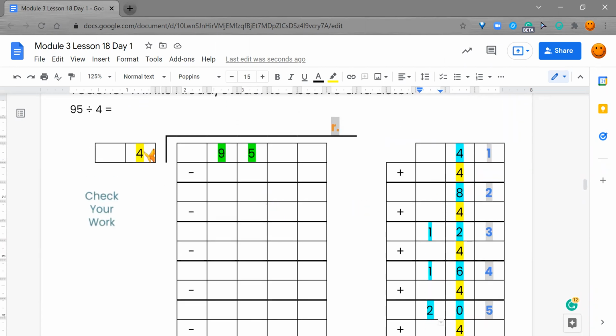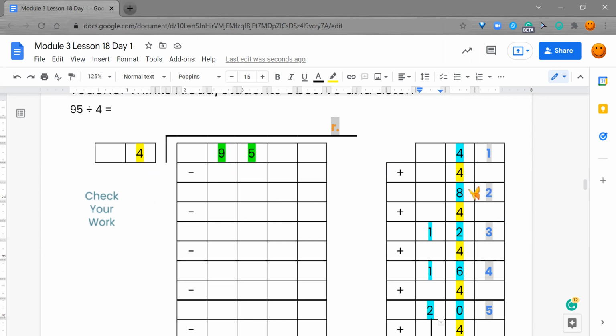So I'm going to go back to our problem and look at our dividend. I'm going to take one number at a time. Can I pull any groups of 4 out of 9? I'm going to look at what's light blue, our multiples of 4, and see if I can get a number close to 9 without going over. So I have 4, 8, 12. Well, 12 is bigger than 9, so I'm going to go back to 8.